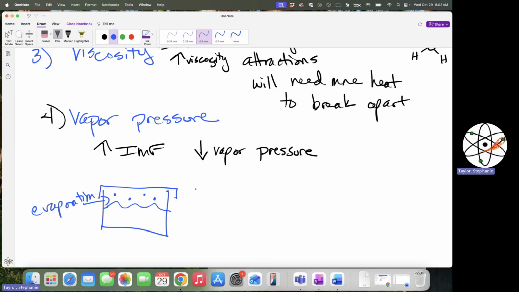And so we've got a lid on the box. Vapor pressure is basically measuring how much gas evaporates off. It is a little bit more complicated than that, because what we're really measuring is the pressure of that.